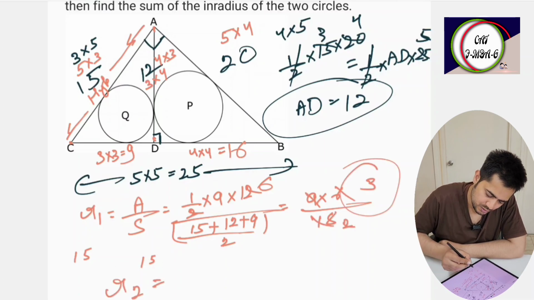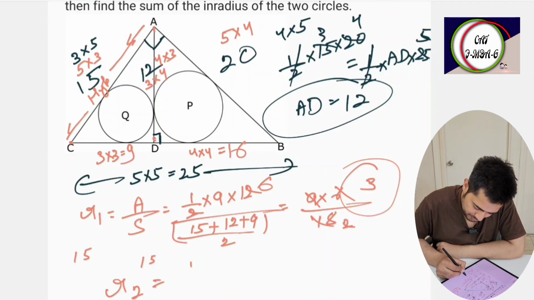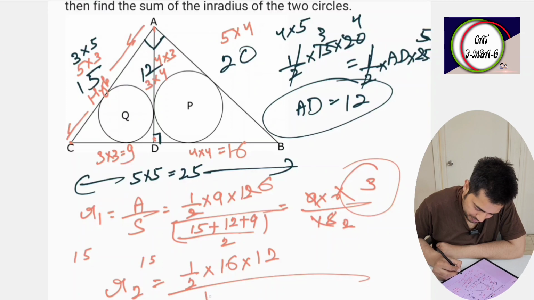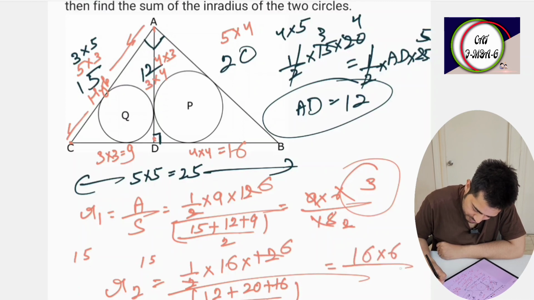R2, inradius 2, is given as area by semi perimeter, so half into base into height divided by semi perimeter, 12 plus 20 plus 16 by 2.